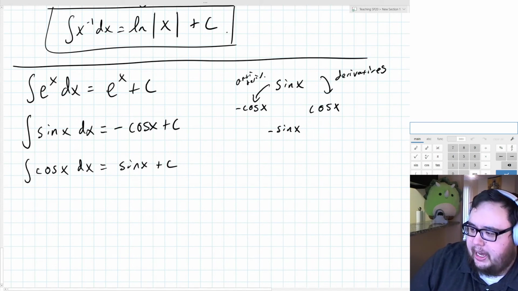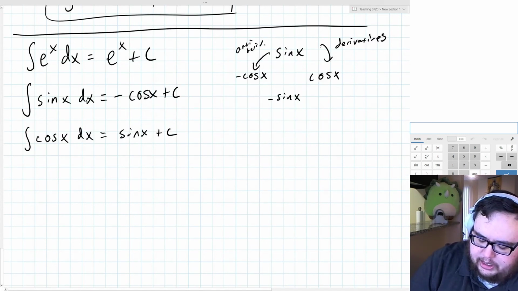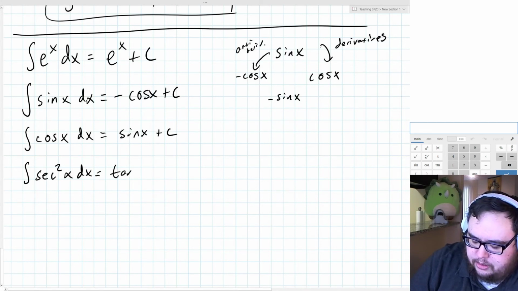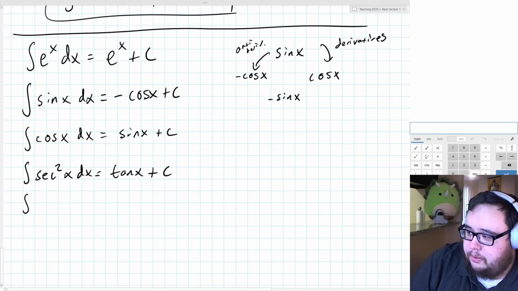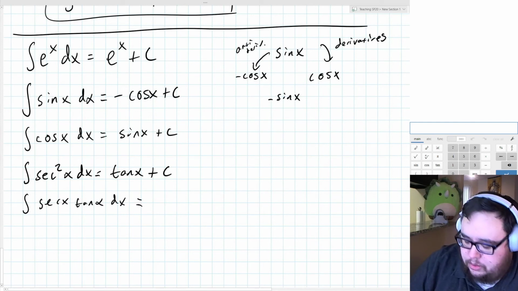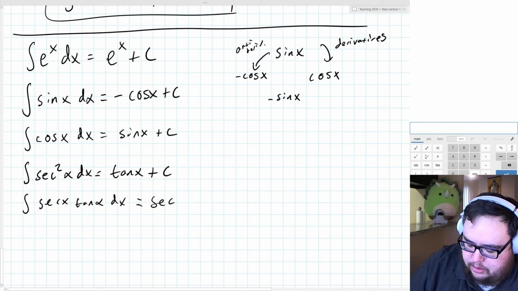Similarly, we get that the integral of secant squared of x dx is equal to tangent of x plus a constant. The integral of secant x tangent of x dx is equal to secant of x plus a constant.